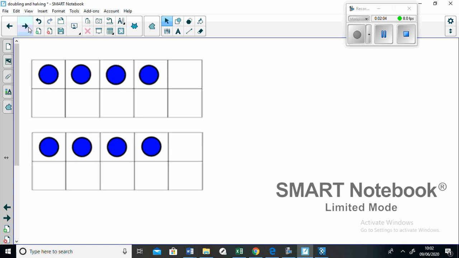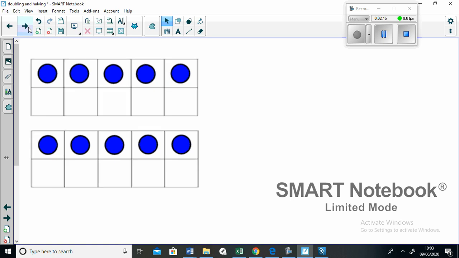The same really again for double four. Double four is eight. Half of eight is four. Practice it, repeat it, build it, test yourself. Same again for double five is 10. Practice it, repeat it, build it, challenge yourself.